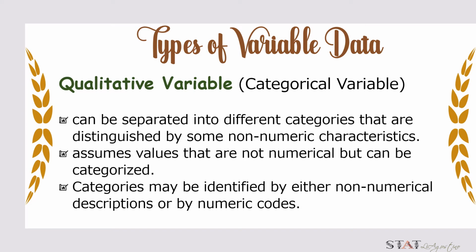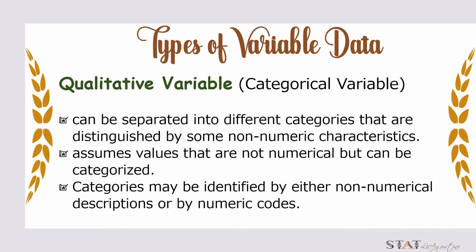That is a qualitative variable because it's a category. It's a girl and a boy, or male, female. So that is an example of categorical variable. Also, the religious affiliation, the color of the leaves, that can be a qualitative variable. Some are yellow, some are green, some are dark green, some are brown. So that is a qualitative variable.